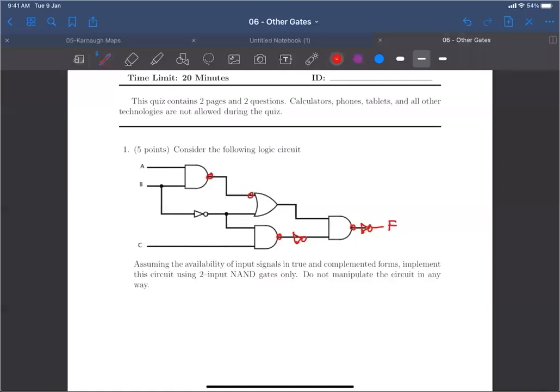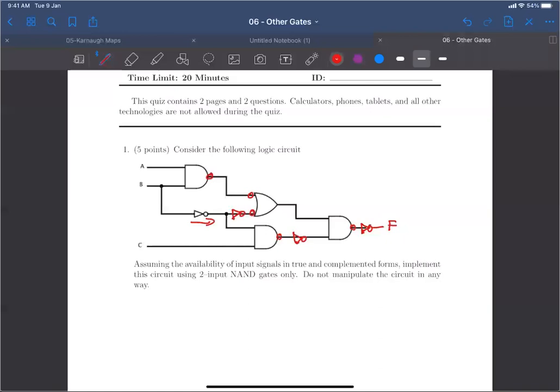Do I put this, for example, with this? This will result in one additional inverter. Or push this forward. What happens if I push it forward? It splits into two. It's exactly the same, right?